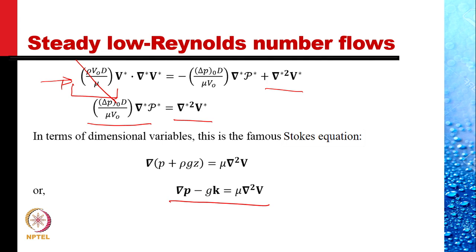In terms of dimensional variables, this equation becomes this. The Stokes equation. And this is the form that you see in the Stokes equation. It is valid for a Reynolds number much less than 1.